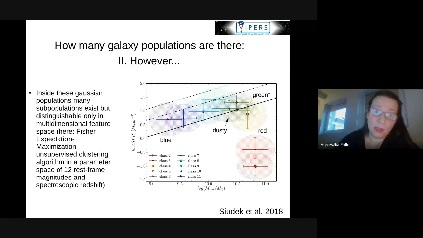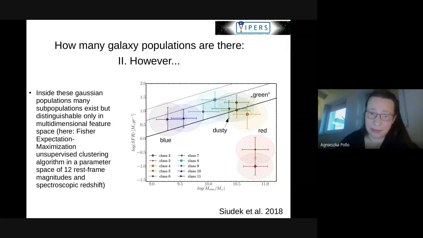If we use some kind of well-constructed multi-dimensional feature space like here, and go for some automated method, we can find that actually we can very nicely distinguish more subgroups.